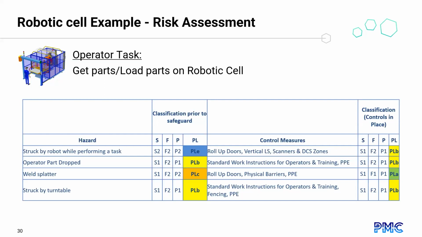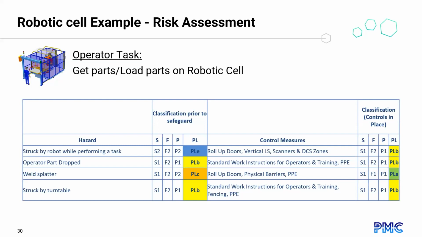And with these control measures implemented, we obtain in this case the same performance level because it remains a minor injury and the frequency of exposure and the possibility of avoiding are the same. We then remain here with a low risk for the operator.